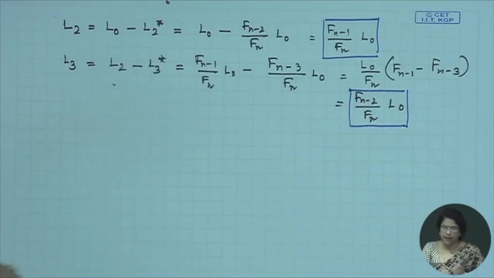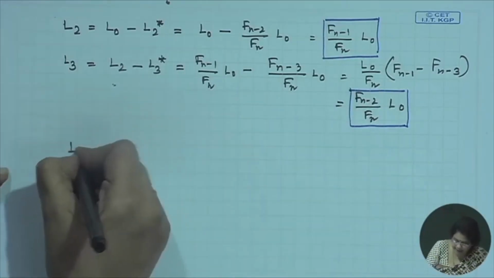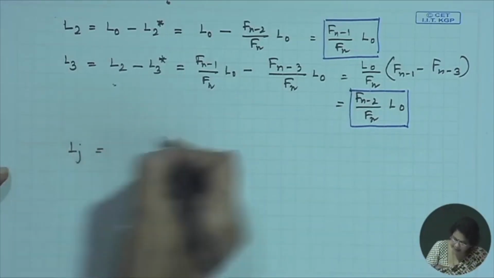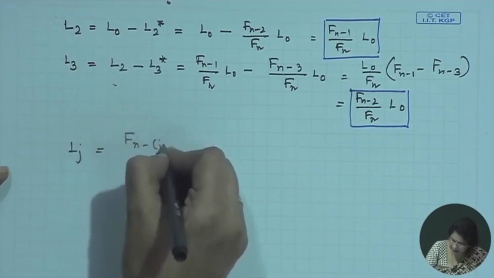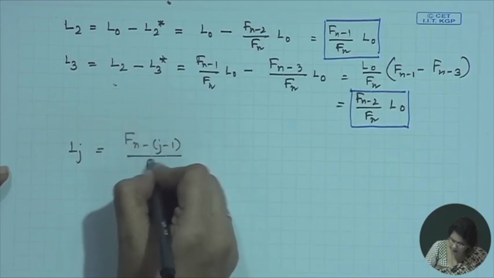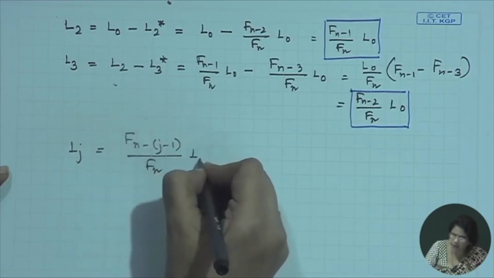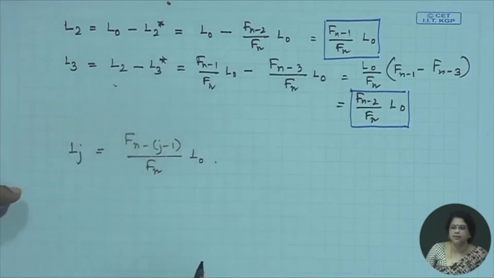Okay. Let me go to the jth. Lj is equal to Fn minus j plus 1 divided by Fn L0. Got it?